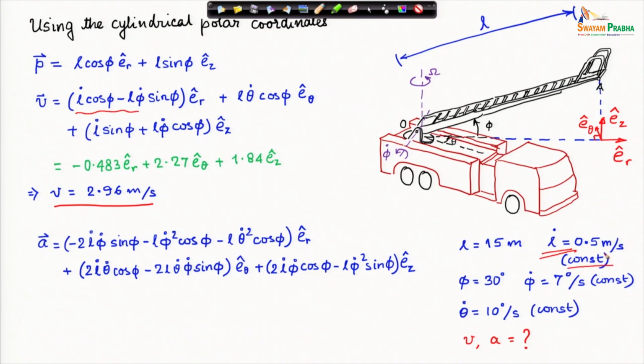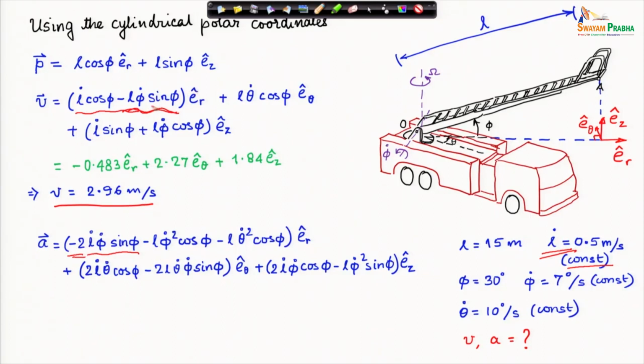Therefore, L double dot is 0, so that does not figure in this expression. Then I will have minus L phi double dot sin phi. So, this is one term, and from another place I will have a derivative of L dot phi dot sin phi, which I will get again from here with a negative sign. So, this becomes minus 2 L dot phi dot sin phi.